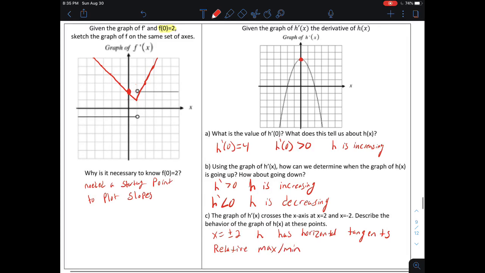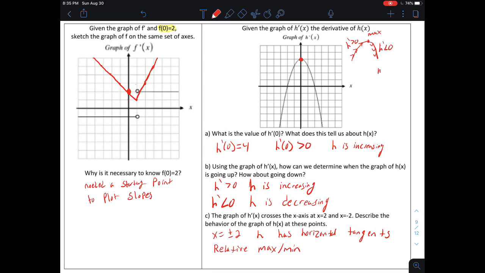And so think of it like this. For a relative max, we would go from increasing to decreasing. So there's the relative max. To the left side, my derivative would be positive because I would be going up. And the right side, because I'd be going down, my derivative would be negative.